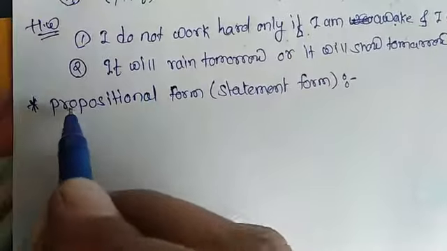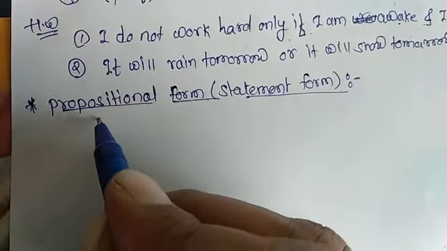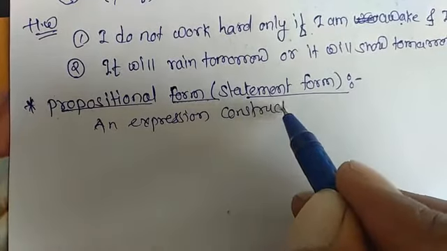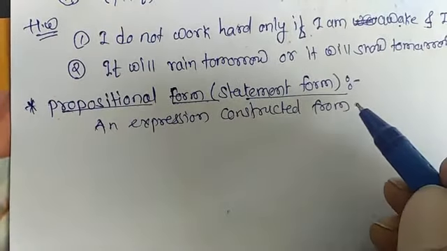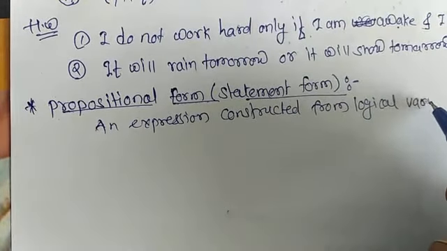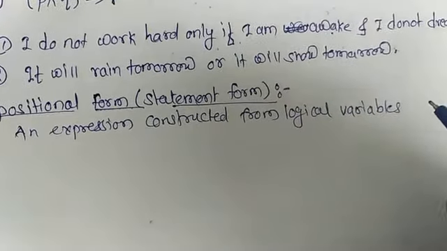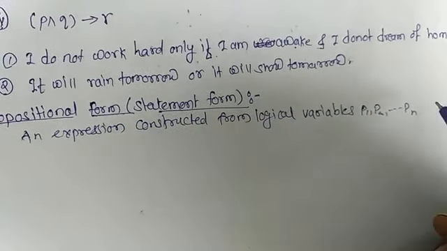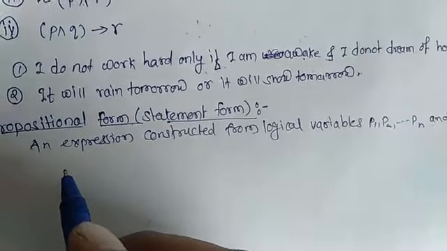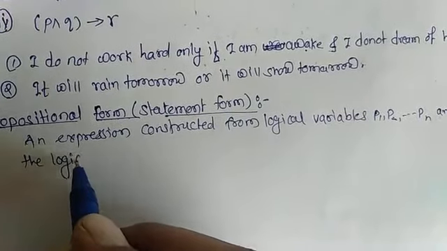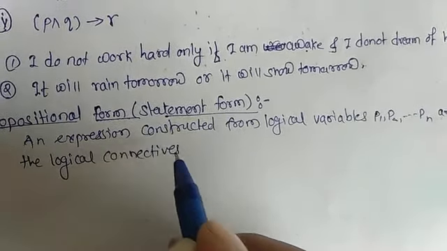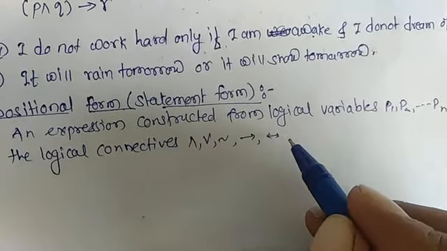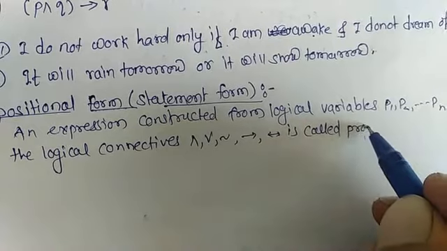The definition of propositional form, or statement form, is an expression constructed from logical variables p1, p2 up to pn, and the logical connectives, which are and, or, negation, implies and double implies. It is called a propositional form.